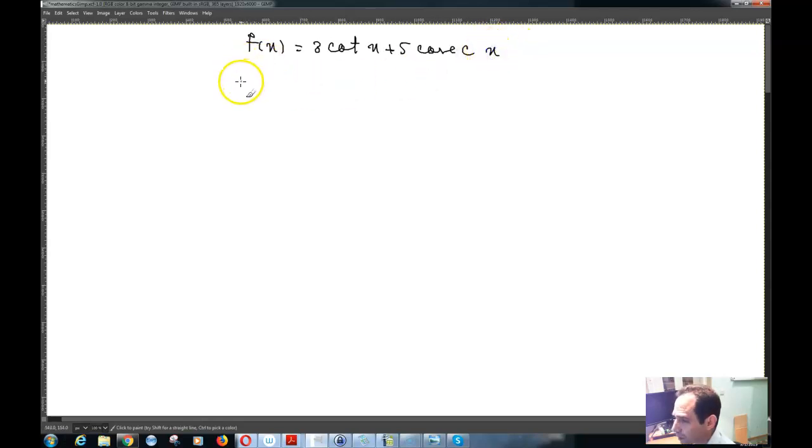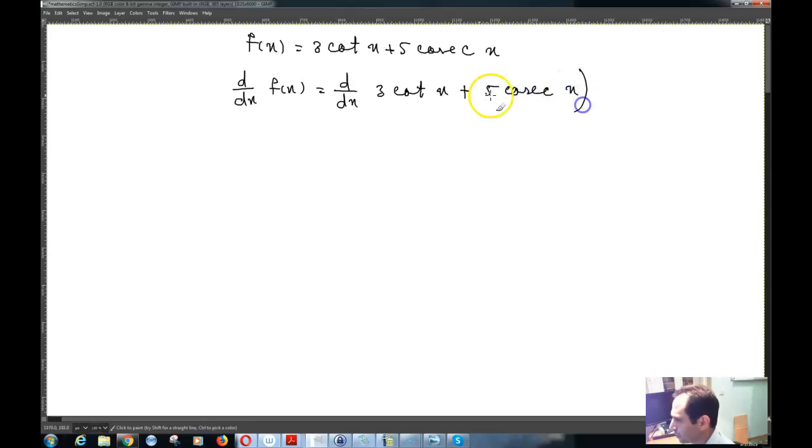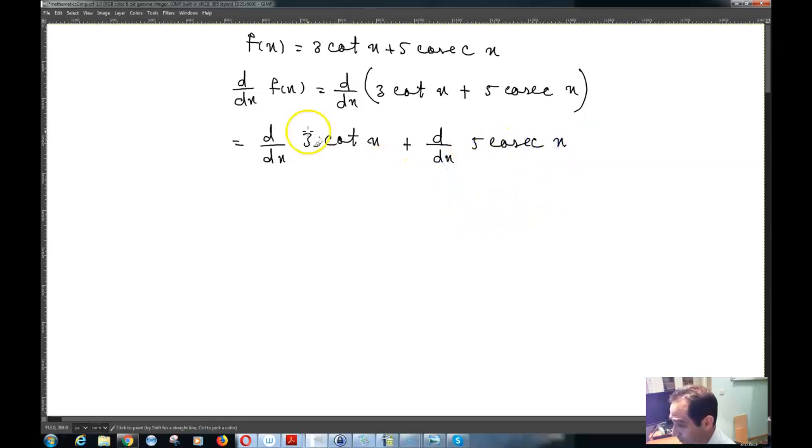Okay, so now in order to calculate, for example, if your f of x is equal to 3 times cot x plus 5 times cosecant x, now d by dx of f of x is equal to d by dx of 3 times cot x plus 5 times cosecant x, which is equal to d by dx of 3 times cot x plus d by dx of 5 times cosecant x.